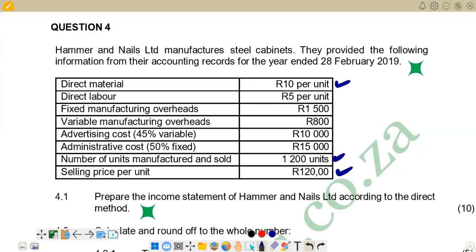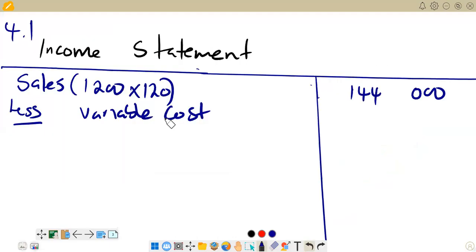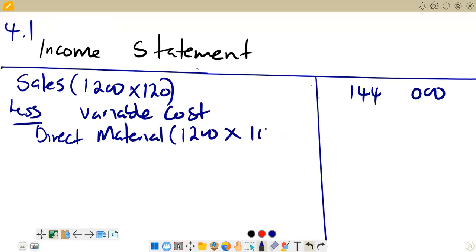Going back to the other section to summarize, we have direct material: 1,200 units, and the value per unit of direct material is 10 rands. If you multiply the two, you get 12,000. That's what we have in terms of direct material.